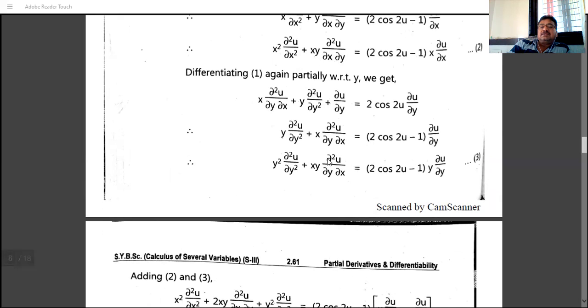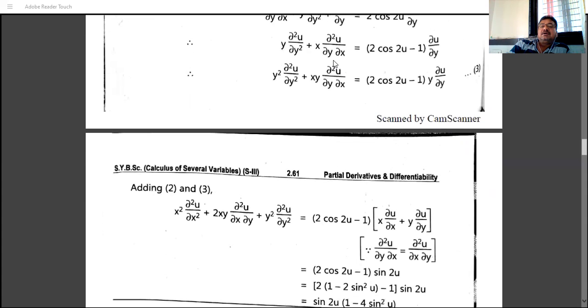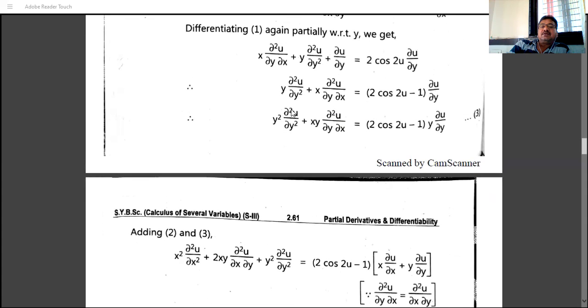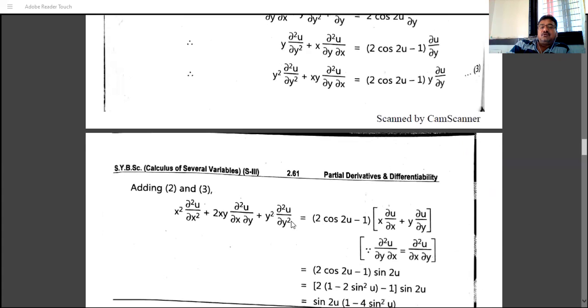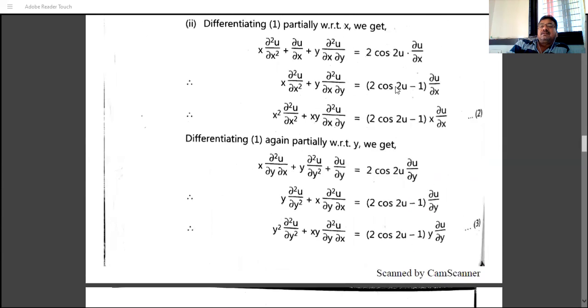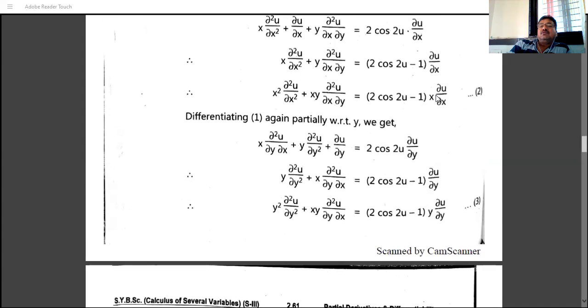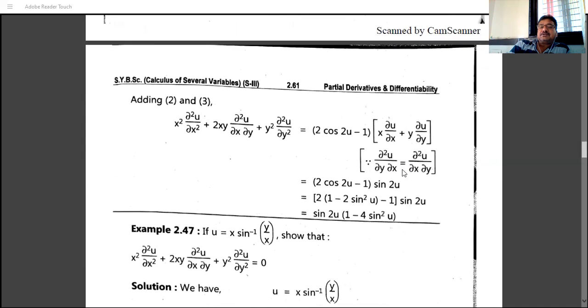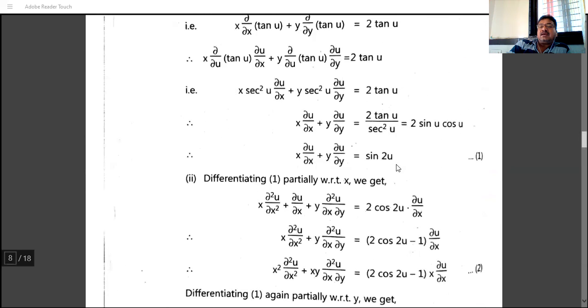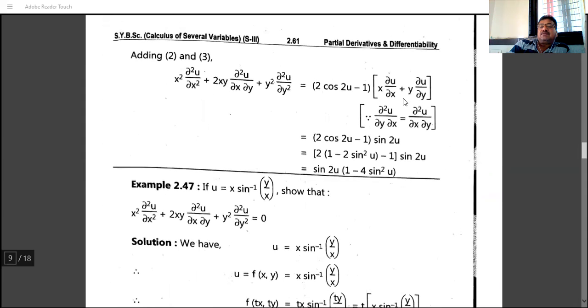So these two, ∂²u/∂x∂y and ∂²u/∂y∂x, are both the same. It becomes 2 times xy ∂²u/∂x∂y plus y² ∂²u/∂y² is equal to the addition of the RHS. Then take 2 cos 2u minus 1 as a common factor. We have in brackets x ∂u/∂x plus y ∂u/∂y, and by using equation number 1, x ∂u/∂x plus y ∂u/∂y is sin 2u. Substitute the value of this bracket as sin 2u from equation number 1.